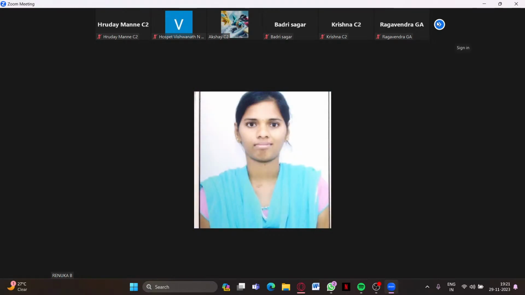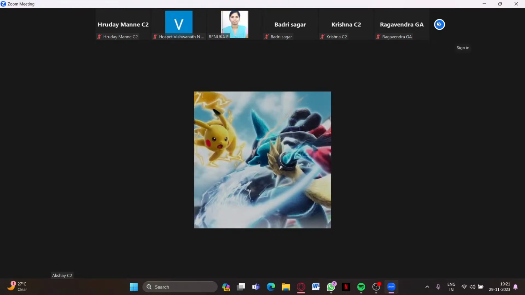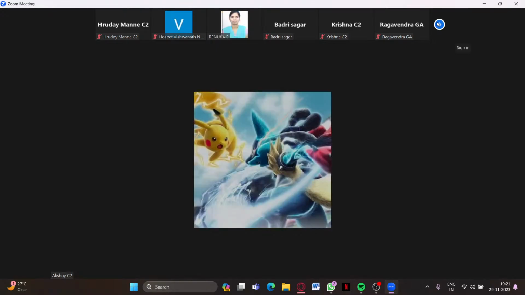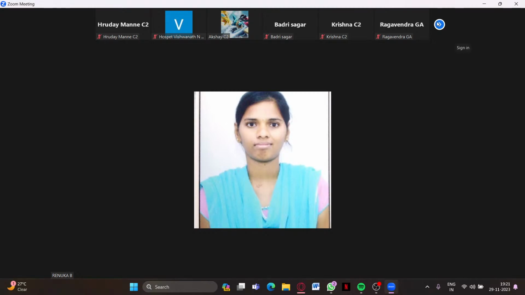Page 54, okay. Assertion and reason, the 7th one. The IUPAC name of that one. At the fourth carbon, these substituents are present at the fourth carbon atom, correct?